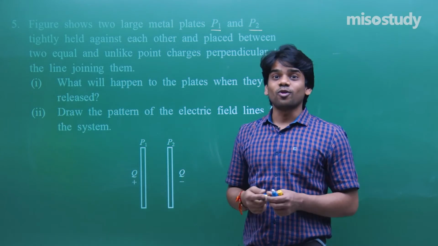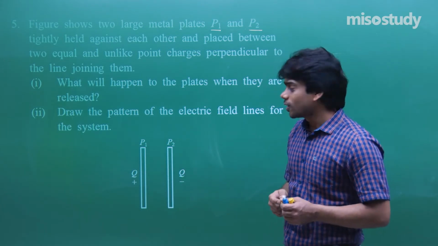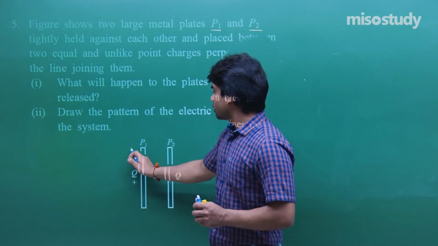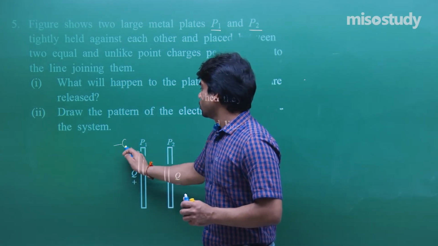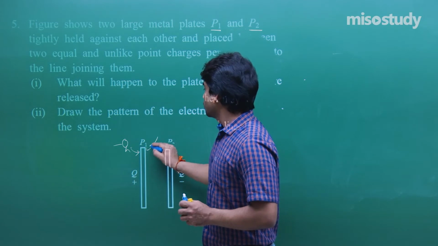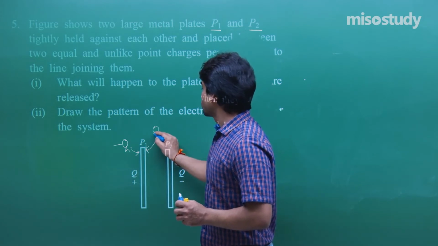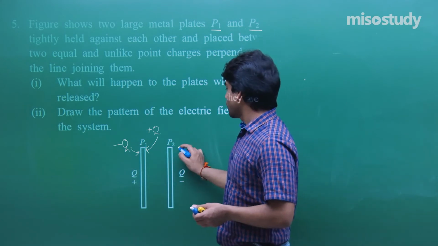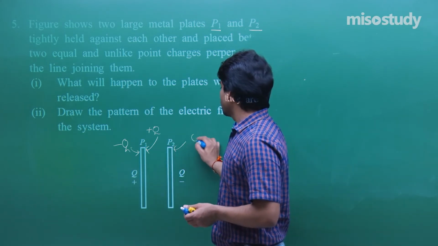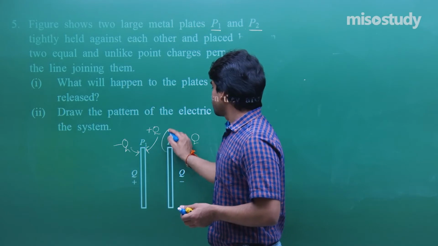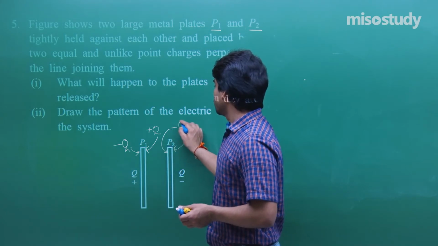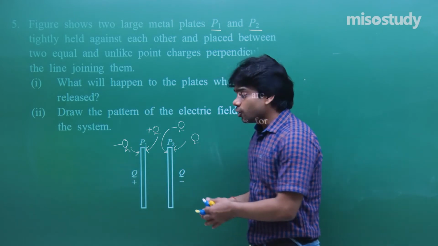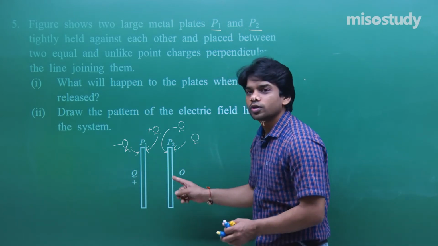So try to understand what are the charges that will be induced on each of the surface. Plus q is here, minus q charge will be induced over here, plus q charge will be induced over here. And now you see about this plate, minus q charge is here, plus q charge will be induced over here, and minus q charge will be induced over here. Now try to understand the scenario, plus q minus q, equal and opposite charge.